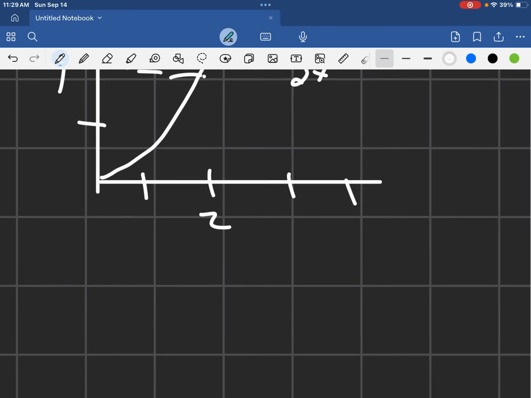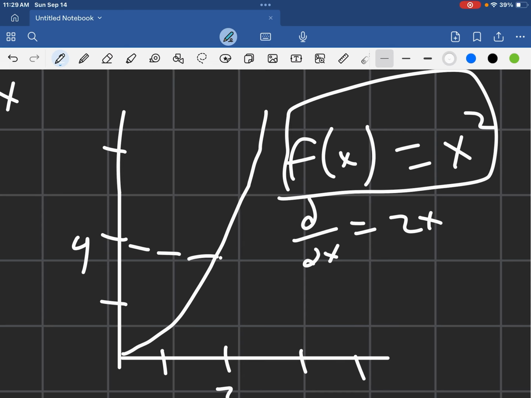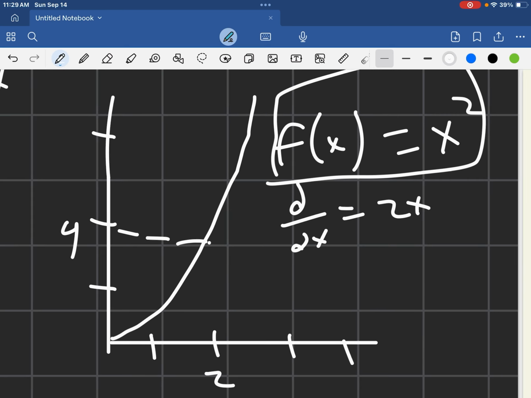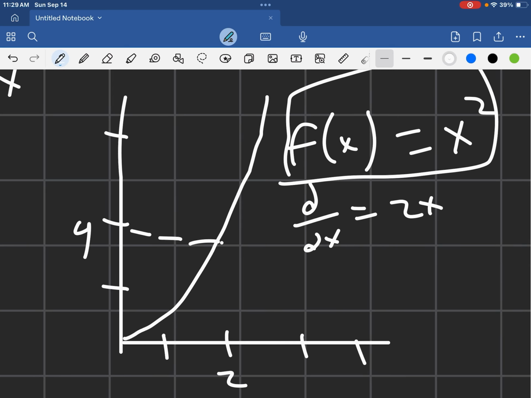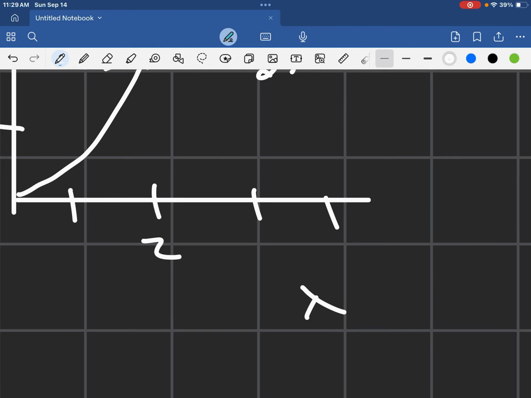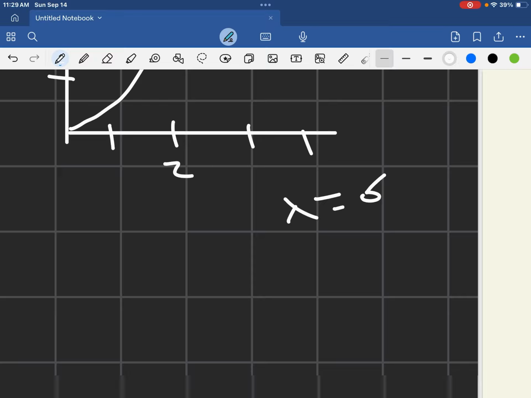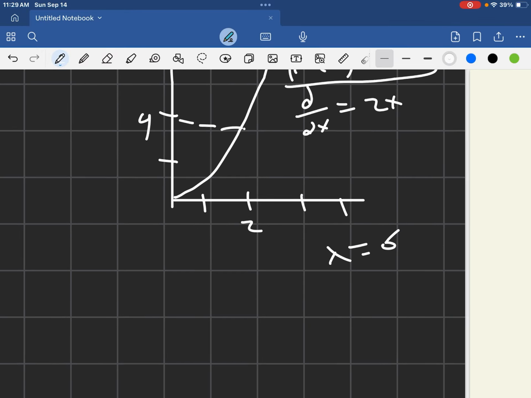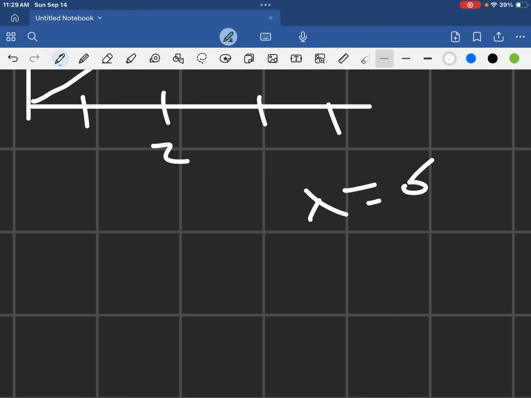So if we wanted to find the derivative on this equation at, let's say x equals 6, we know that the change at that point would be 12 using the derivative, which is equal to 2x.